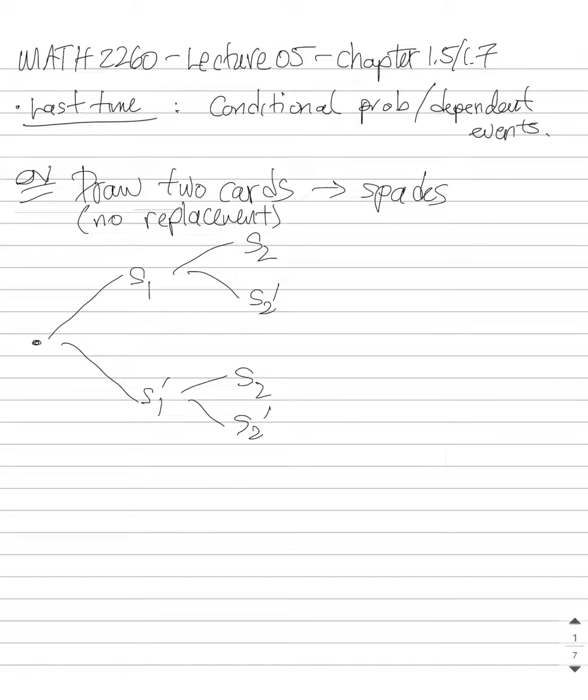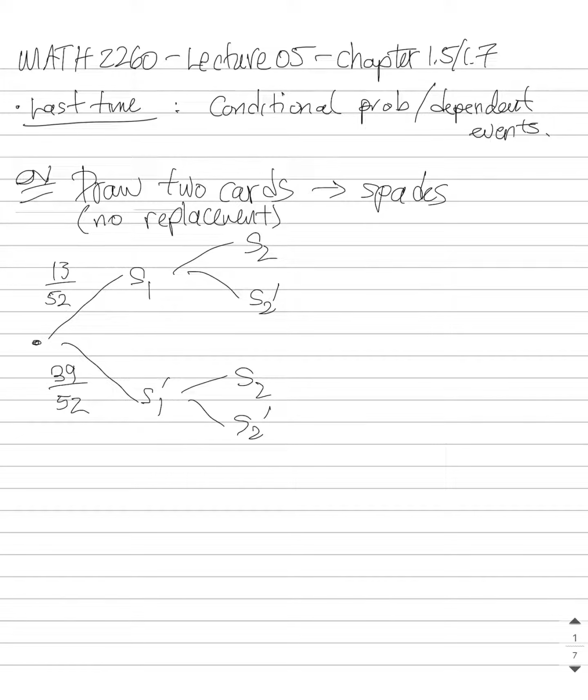So there are 13 spades in a deck of cards out of 52. Because this is a classical situation where it's equally likely to get a card at random as any other card, we can simply calculate the probability of getting a spade. Now, by the same token, we know that the chances of not getting a spade on draw 1 are 39 by 52.